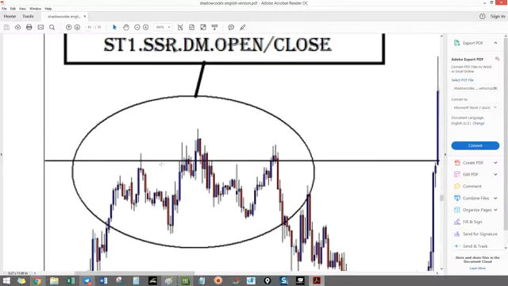Okay, let's look here. You have ST1 over here, and here is ST1. And then SSR: you have a shadow here, a shadow up here, a shadow here. That is SSR. And then you got double maru here: one bullish candle, two bullish candles. And then you got the open and close price here, the SNR.